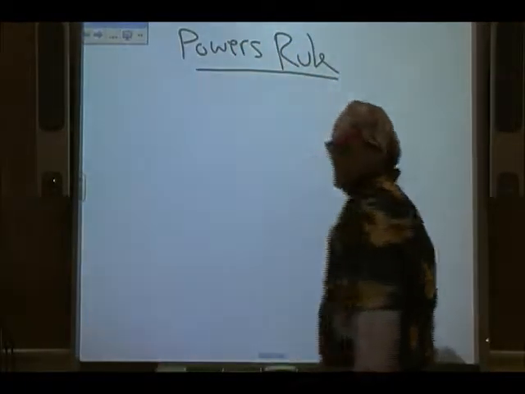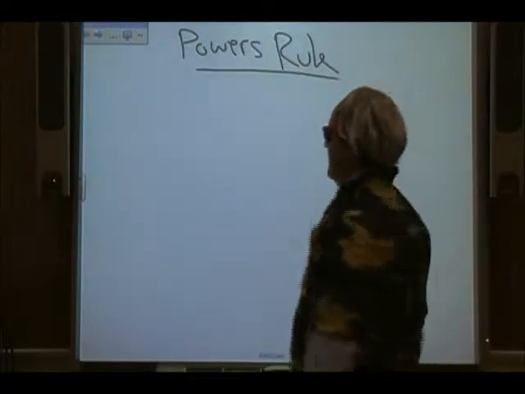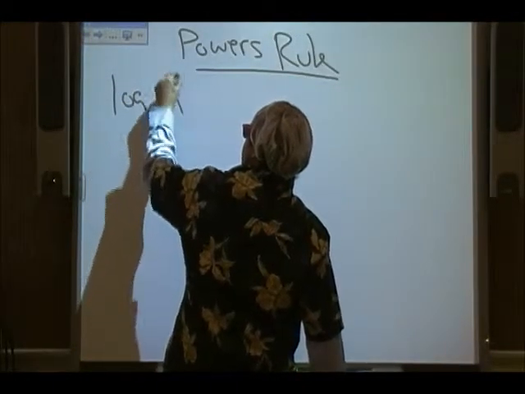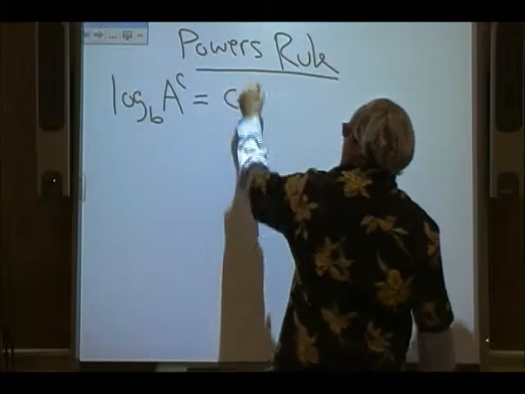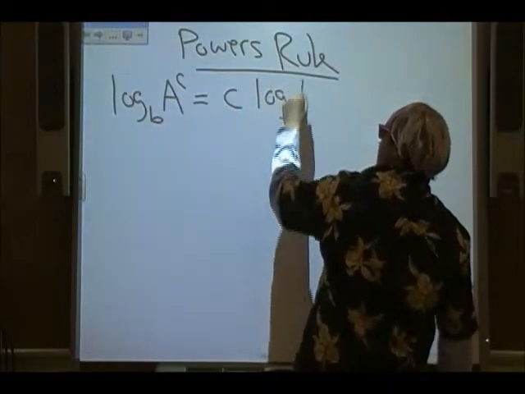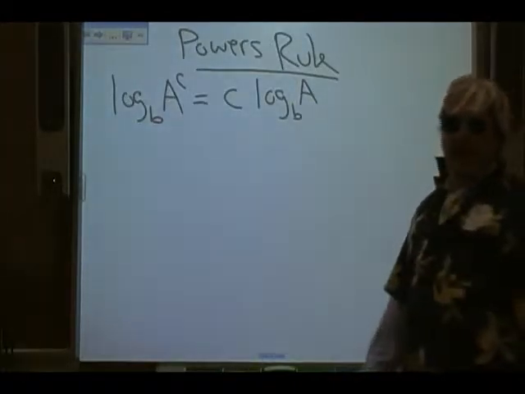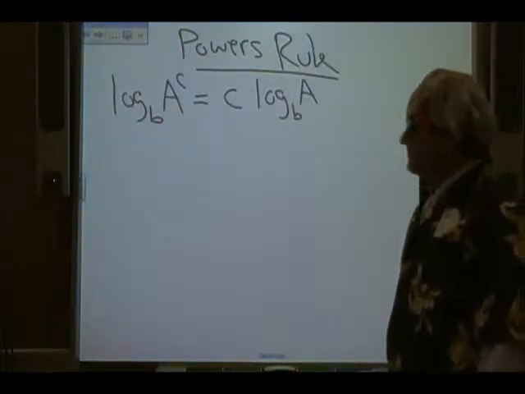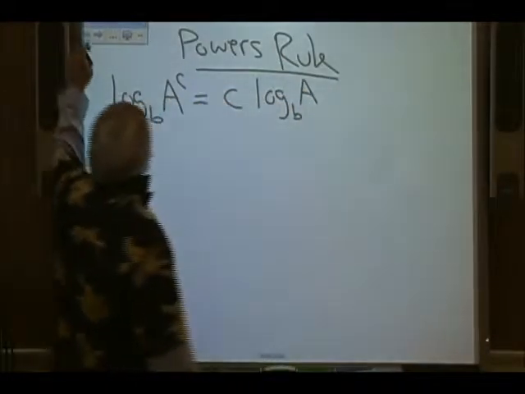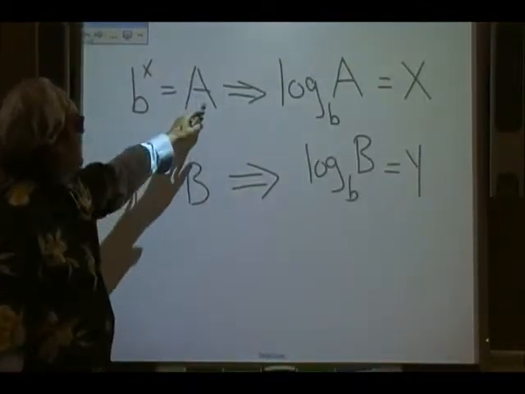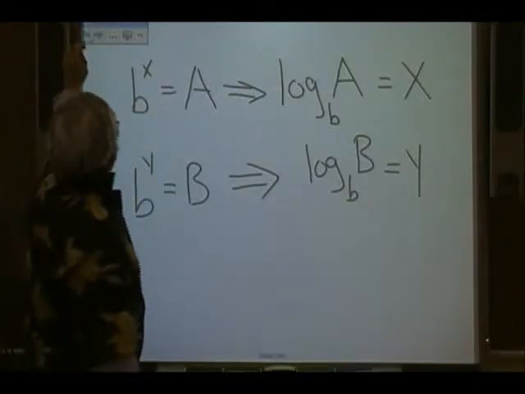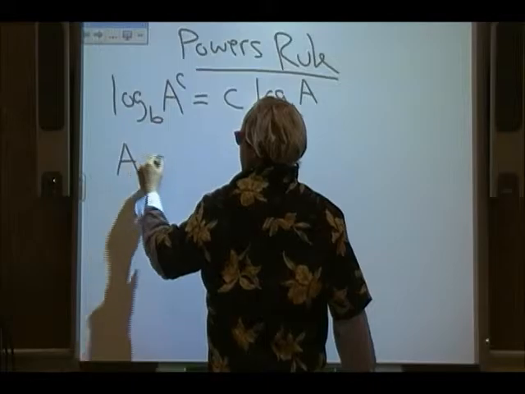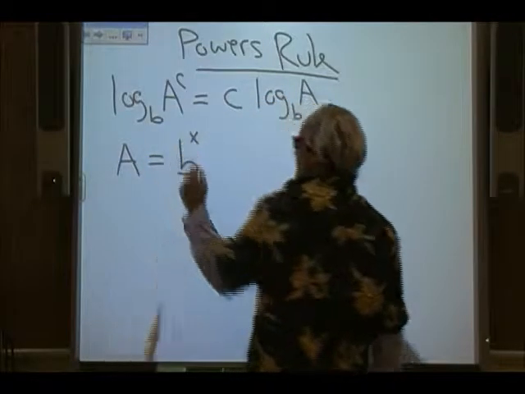The powers rule. And what the powers rule says is log in base b of a to the c equals c log base b of a. Now, how do we get that? Well, we're going to let a, let's go back. What do we let a equal? B to the x. So, a is b to the x.